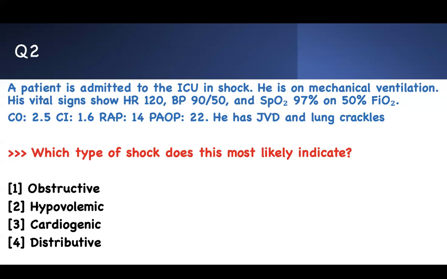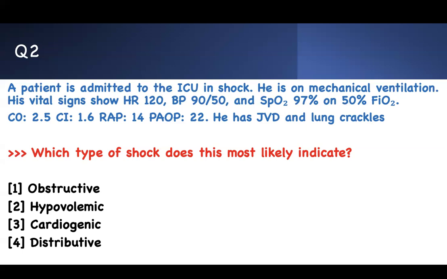If I see low cardiac output, I know it has to be hypovolemic or cardiogenic shock. If I see the cardiac index also low, it has to be more like cardiogenic shock, right? If I see signs of right heart failure, wedge pressure is high, and right heart pressure is high, something has to come from the left to the right. It cannot be distributive. Distributive will not affect the heart function in terms of failure, right?